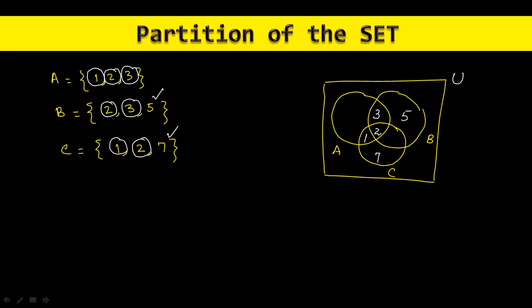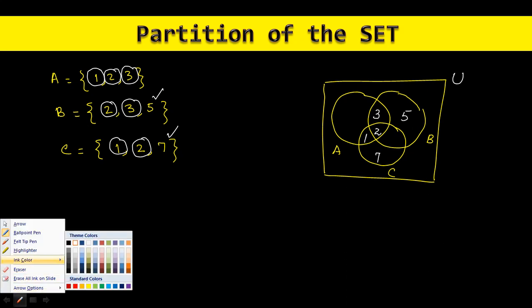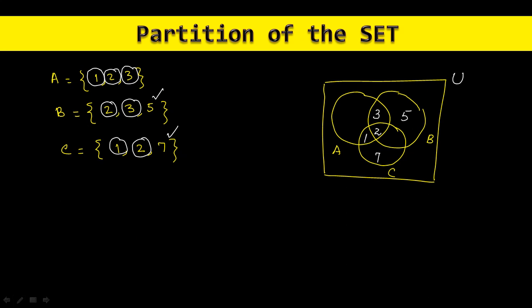Now what are the various partitions inside these sets? Let's represent that. This one is partition number 1 and this one is partition number 2.